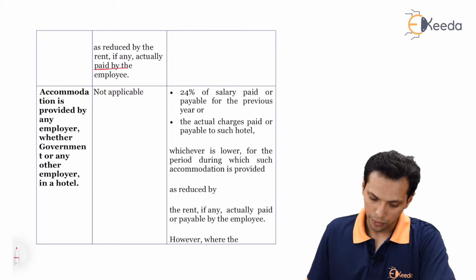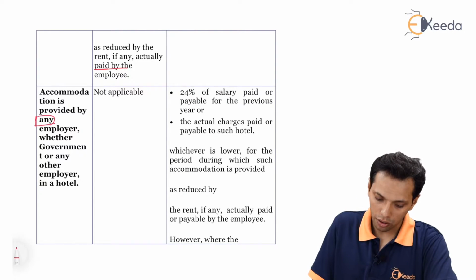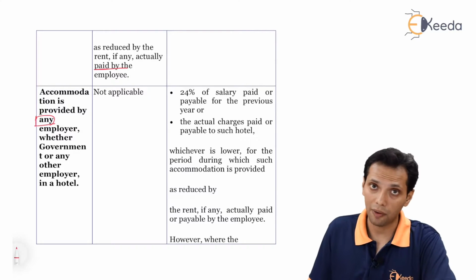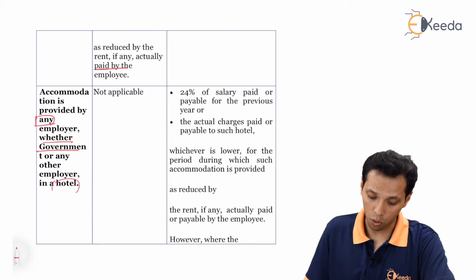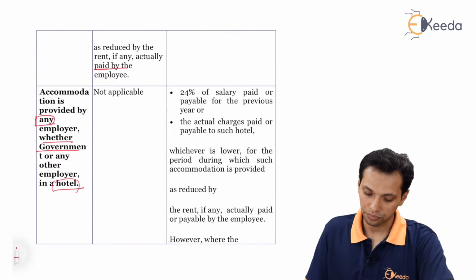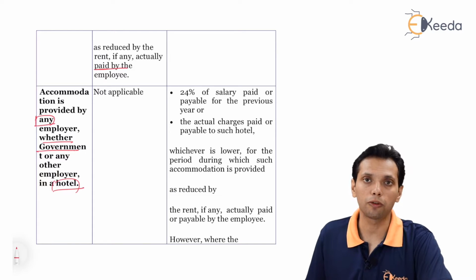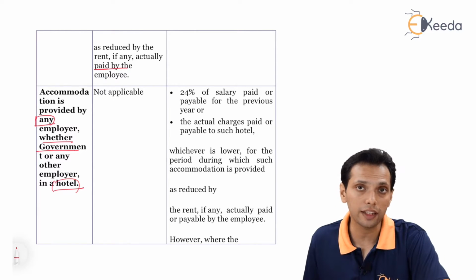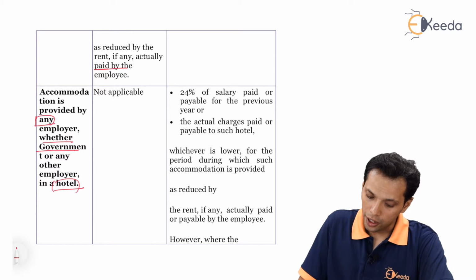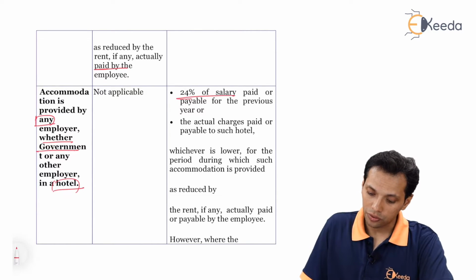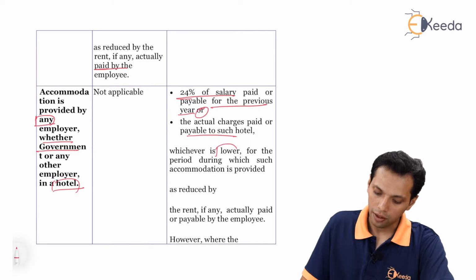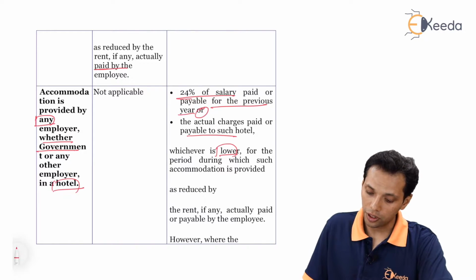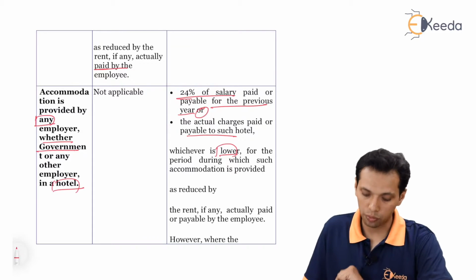Accommodation is provided by any employer. It could be central government, state government, or private employer, any employer, whether government or otherwise, in a hotel. There is no bifurcation as such for furnished or unfurnished accommodation in cases of hotel accommodation. So the perquisite value is 24% of salary paid or payable for the previous year, or the actual charges paid or payable to such hotel, whichever is lower, for the period during which such accommodation is provided.